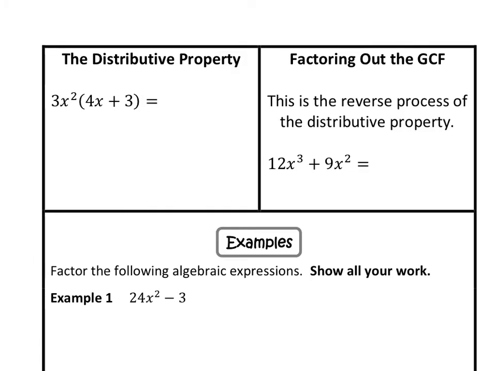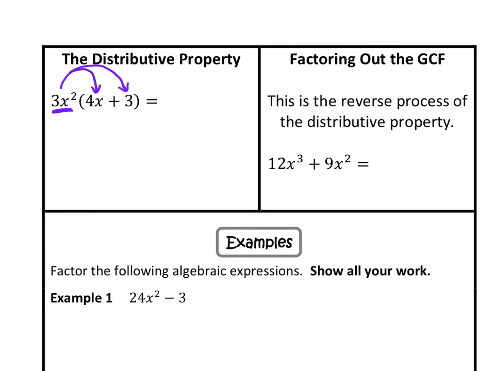Here we have an example of the distributive property with actual numbers and variables. We're going to apply the distributive property and make sure that 3x squared gets multiplied with 4x and with 3.